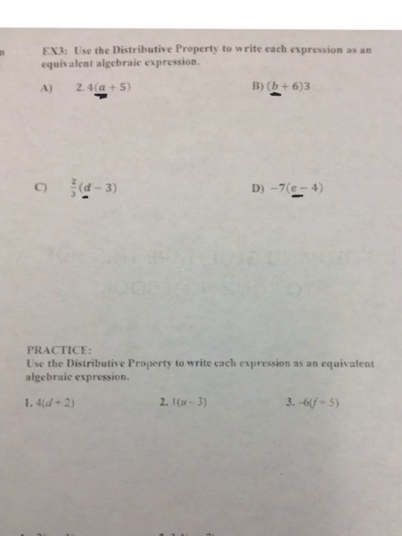Same idea, even though there's a variable, this still means 2.4 times the quantity a plus 5, and so I can distribute or multiply the 2.4 to the a and the 2.4 to the 5. So 2.4 times a would be 2.4 times a, and then 2.4 times 5 would be 2.4 times 5.